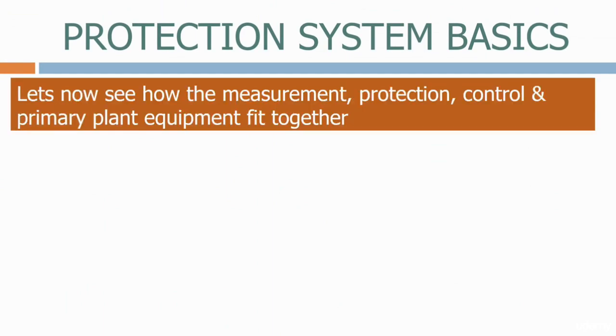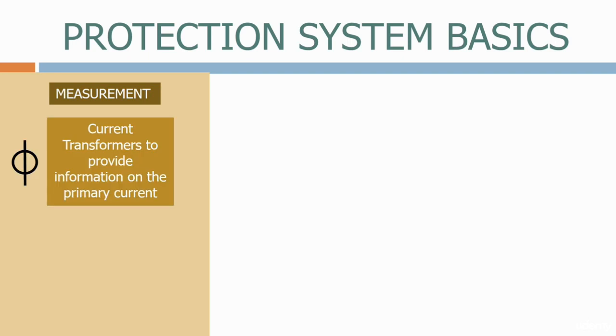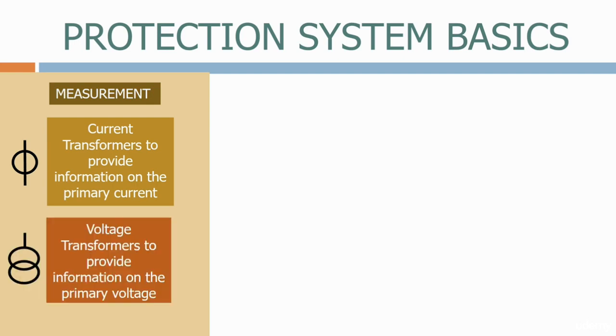Let's now see how the measurement, protection, control, and primary plant equipment fit together. First, we have the measurement equipment. This contains current transformers to provide information on the primary current, and voltage transformers to provide the information on the primary voltage.